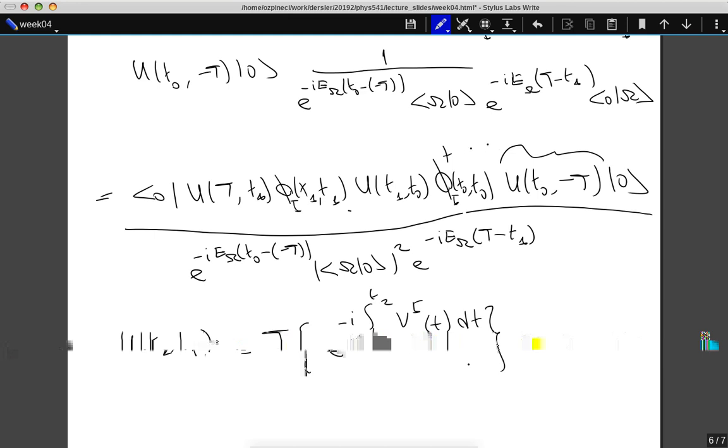Then I act with an operator at the time t0. Then I act with operators between the time t0 and t1. Then I act with an operator at the time t1. Then I act with operators from t1 up to infinity.